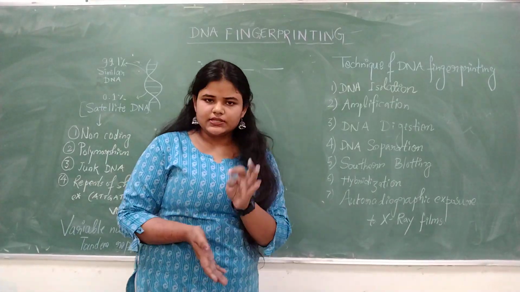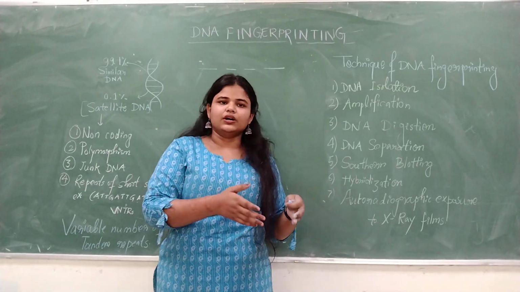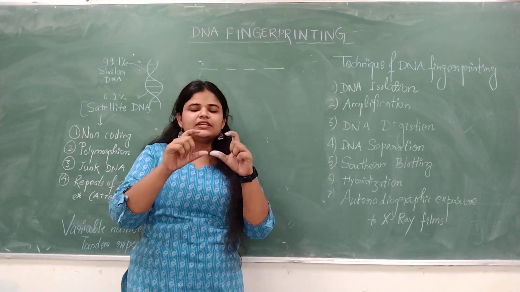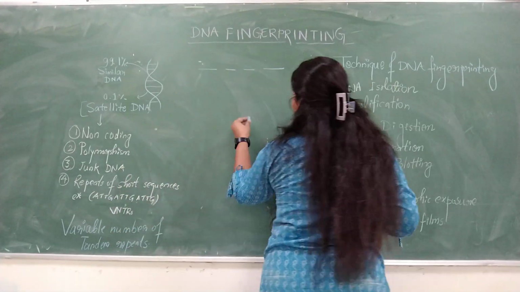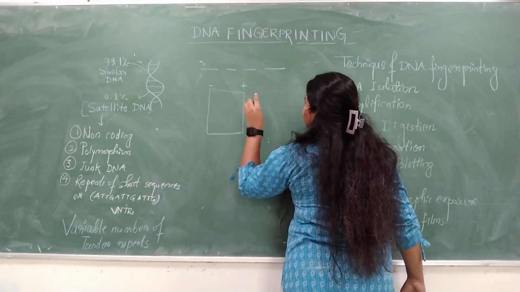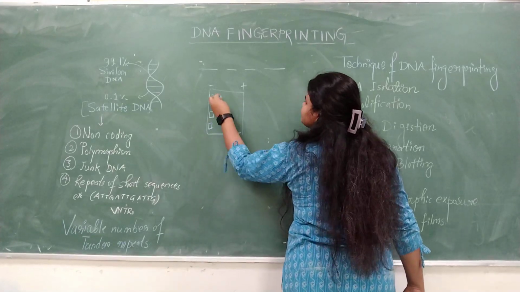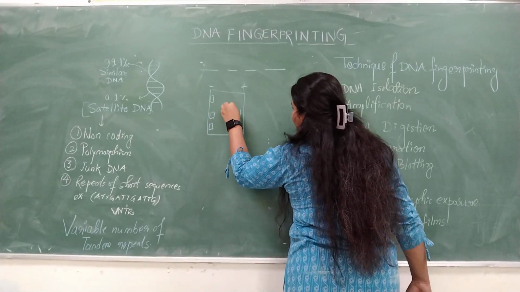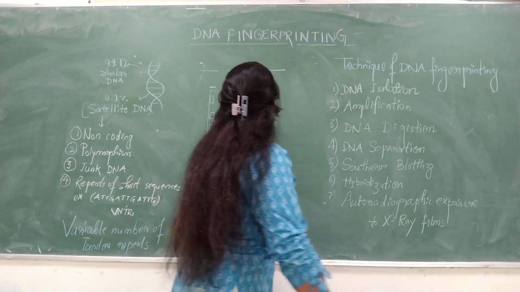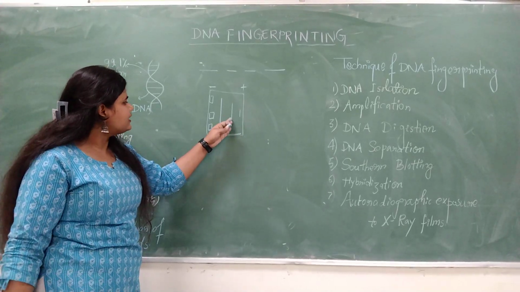Gel electrophoresis is the process where DNA moves from the negative to the positive side according to the size of the band. This is how it looks. Here we can see the small band will move towards the positive side and so on.